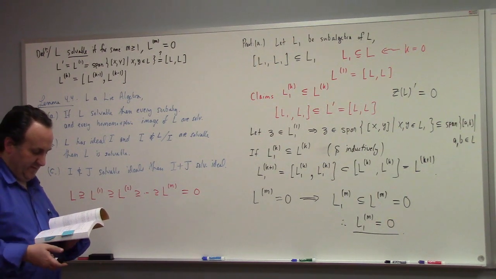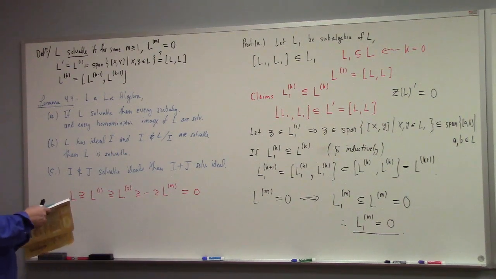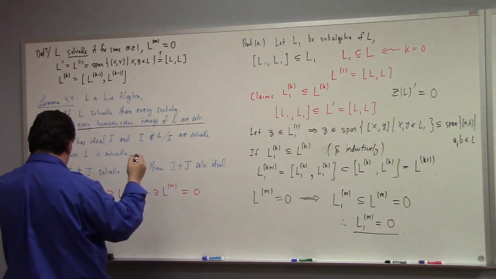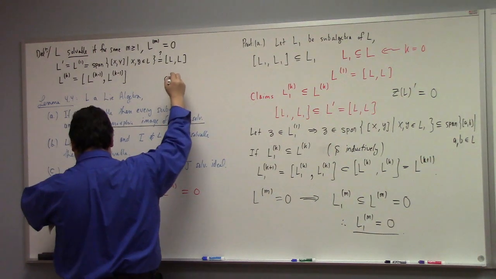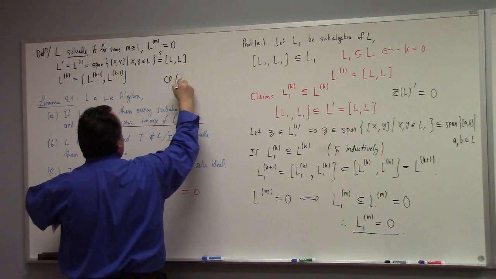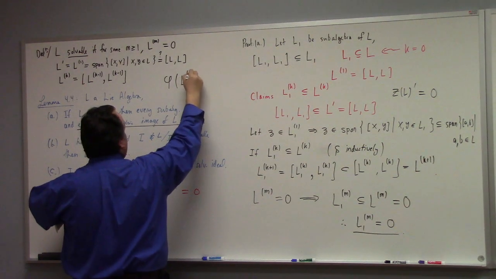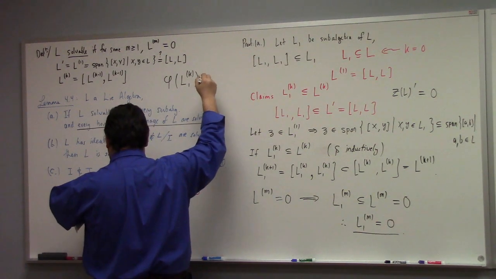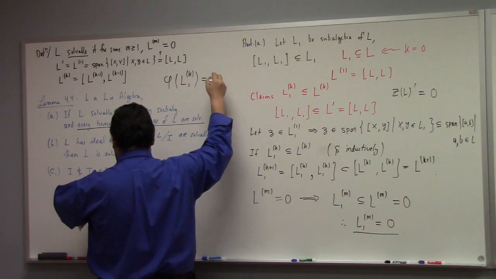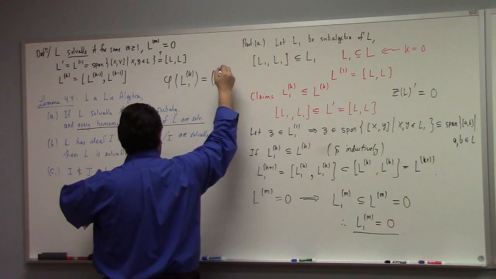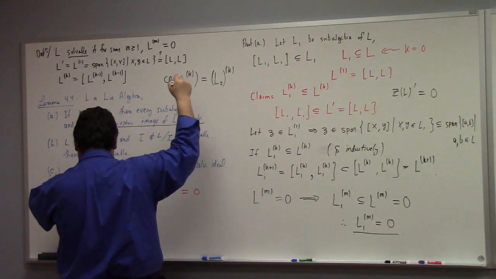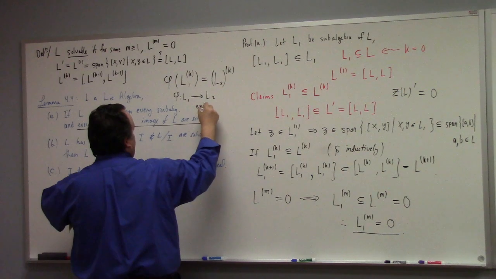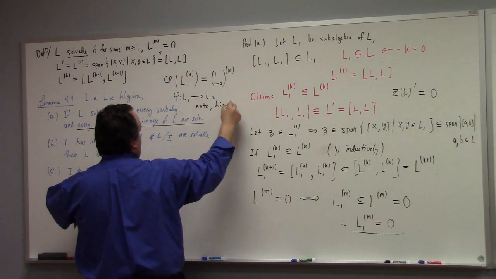Suppose you have a surjective homomorphism of Lie algebras. Show that, okay, so the proof of this piece right here rests on proving the following: that the image of the kth derived series of the subalgebra is equal to the kth derived series of L2, and here we have phi going from L1 onto L2, a Lie algebra homomorphism.